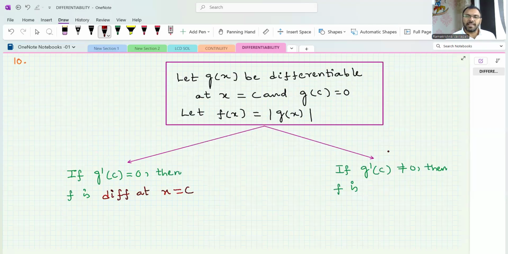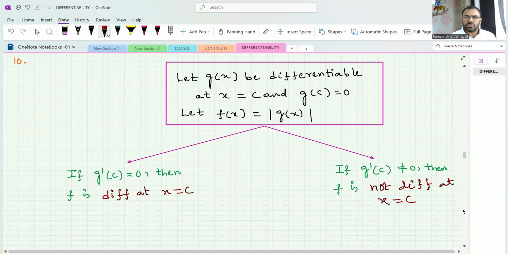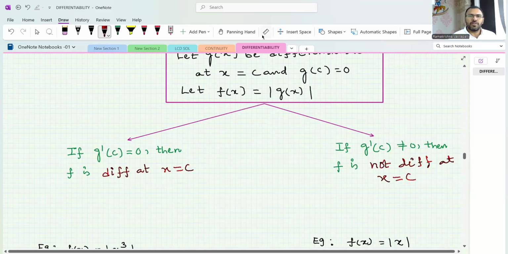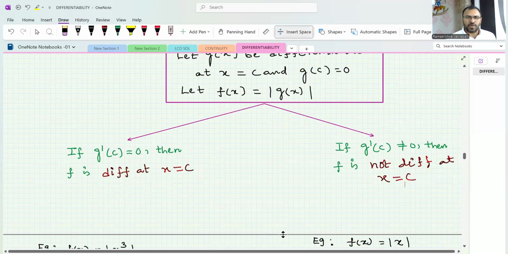What will happen if g dash of c is not equal to 0? Then f is non-differentiable at x equal to c. This will help you a lot to check the differentiability of a modulus function. If you want proof, we can provide it in just one step.